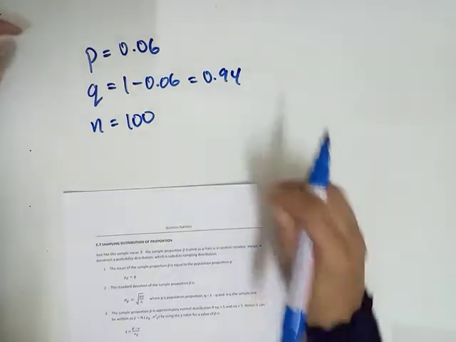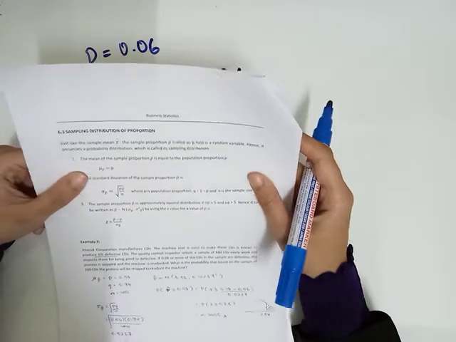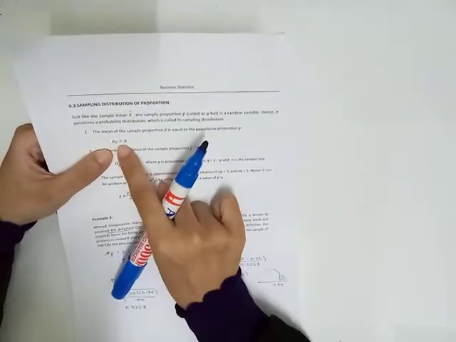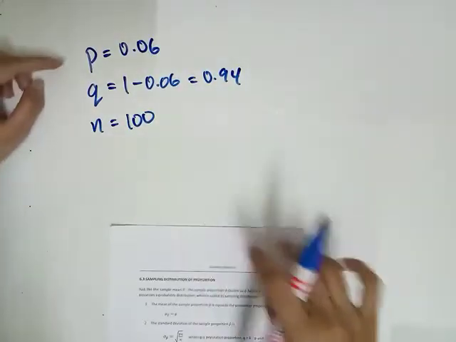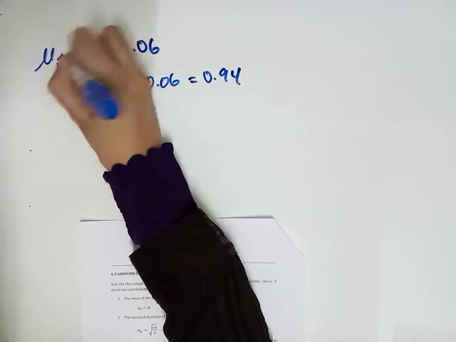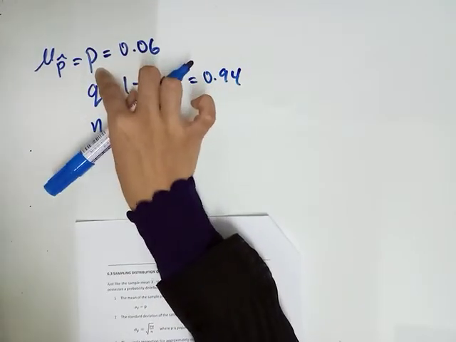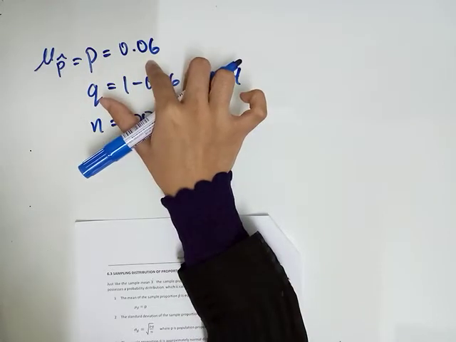So, the mean of the sample proportion is equal to the population proportion, which is 0.06.